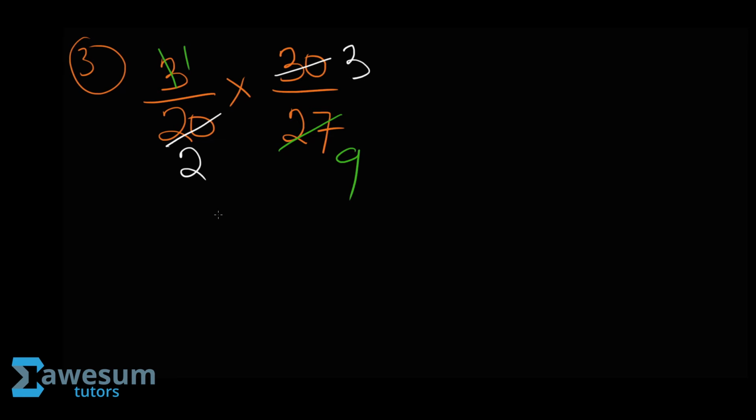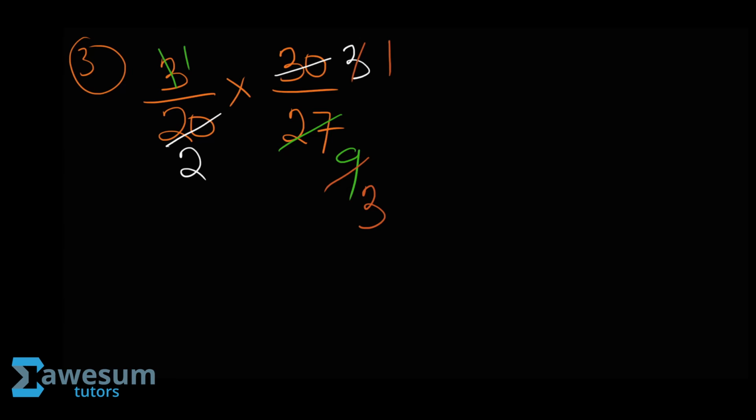Okay, it's becoming interesting. If you take a look at this, 3 in the numerator, and this is also 9. 3 and 9 also have a common factor of 3. So that means 3 can divide 3 right here, and that is going to give me 1. And 3 in 9 right here is going to give me 3.